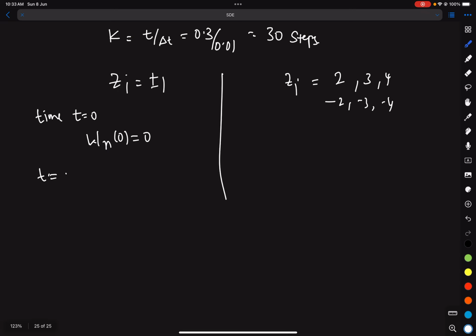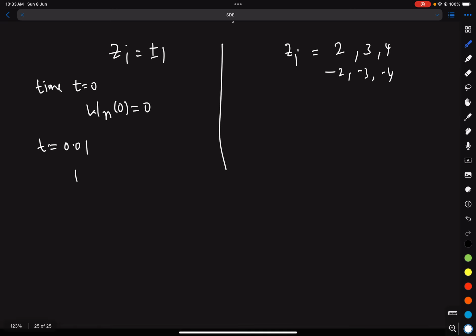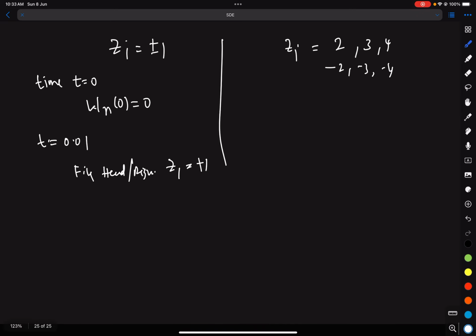So at time 0.01 step, let's imagine our flip hits, or we took a right step, I mean a random step, then z1 becomes plus 1, and to calculate our position, we have to calculate dw of 0 equal to z1, this is the first step, right, and multiply with the standard deviation, which is the square root of 0.01, so 1 into 0.1 is 0.1.